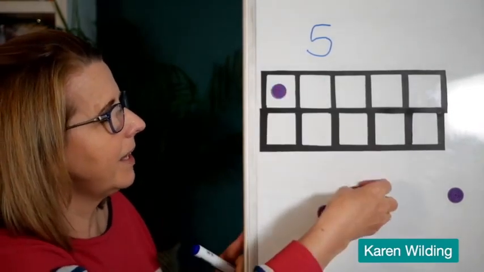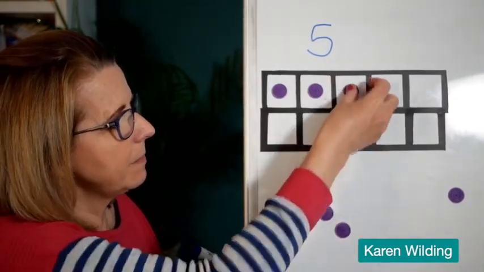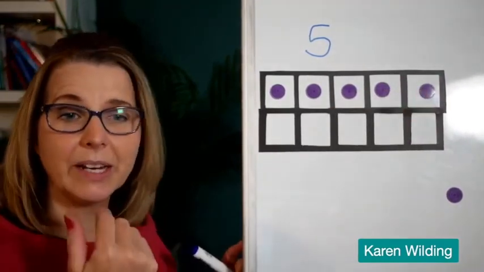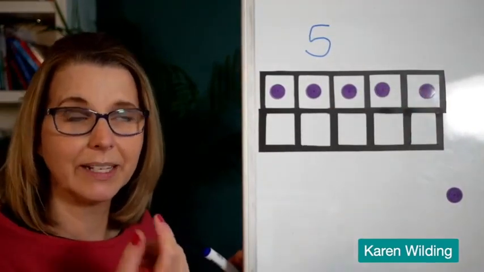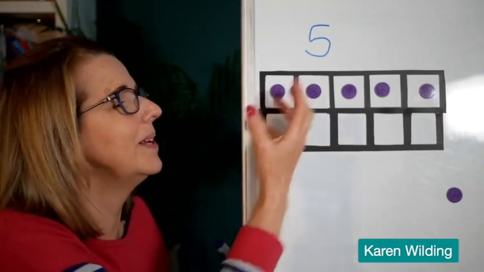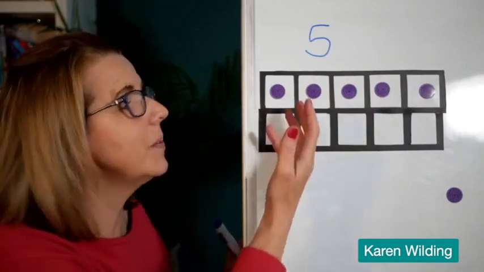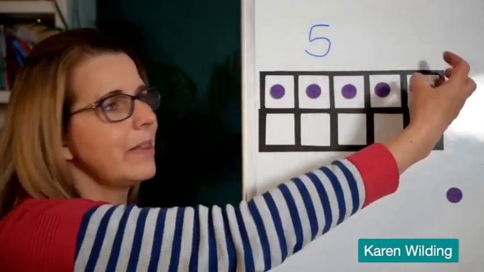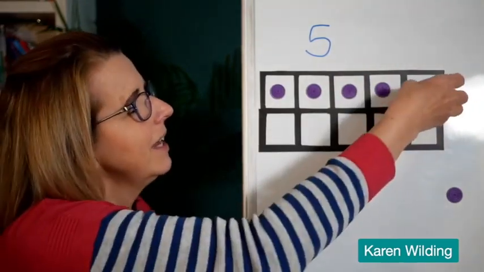Let's put it on here. When I build the 5s pattern, and I won't get into this now, but you know I'm talking, so I'm not counting. This is a really important part of it as well. You do not want to count, because the whole point is you don't need to count. You know it's a 5 because it's created the 5 pattern, because the 5 pattern is when that first 5 is filled. Take it off again.